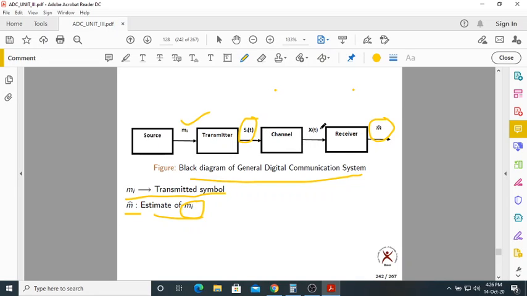So everything is in a probabilistic manner, and that's why we do estimation. At the receiver side, we have to estimate the transmitted symbol. If our estimation is correct, there is no error, and it is called error-free transmission. If our estimation is wrong, there may be an error, and that is called erroneous transmission.